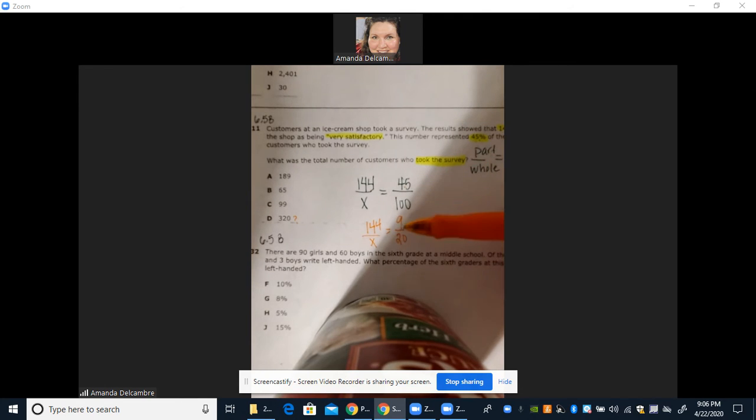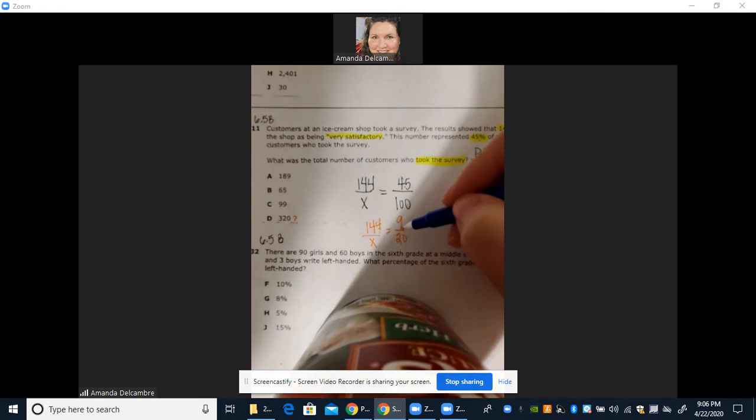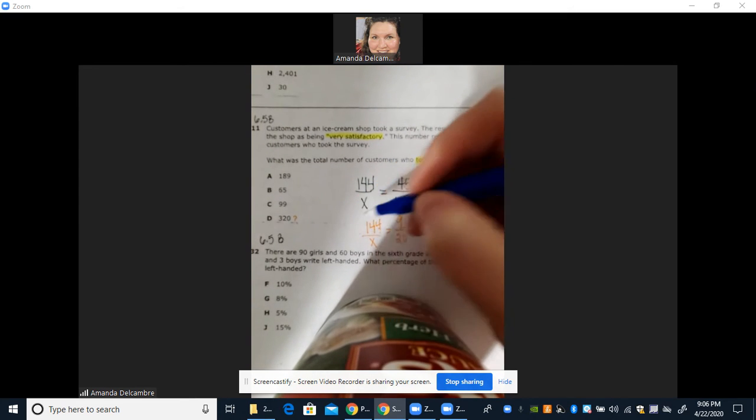Now, I know that 144 is a multiple of 9 because if I did my rules of my 9s, 1 plus 4 is 5, plus 4 is 9, so it's a multiple of 9. So 9 times what gives me 144? Or how many times can 9 go into 144? This is another way you could do this.